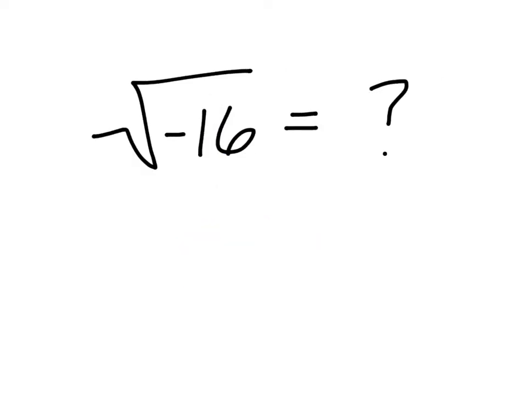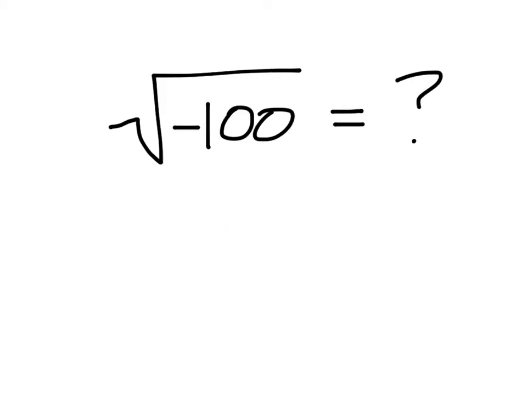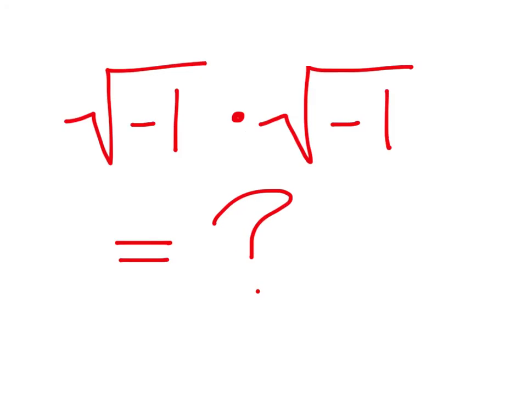What's the square root of -16? 4i, right. What would this one be? Yep, 10i. Now, what would the square root of -1 times the square root of -1 be? i to the second is the same as i squared, which is the same as -1, right.